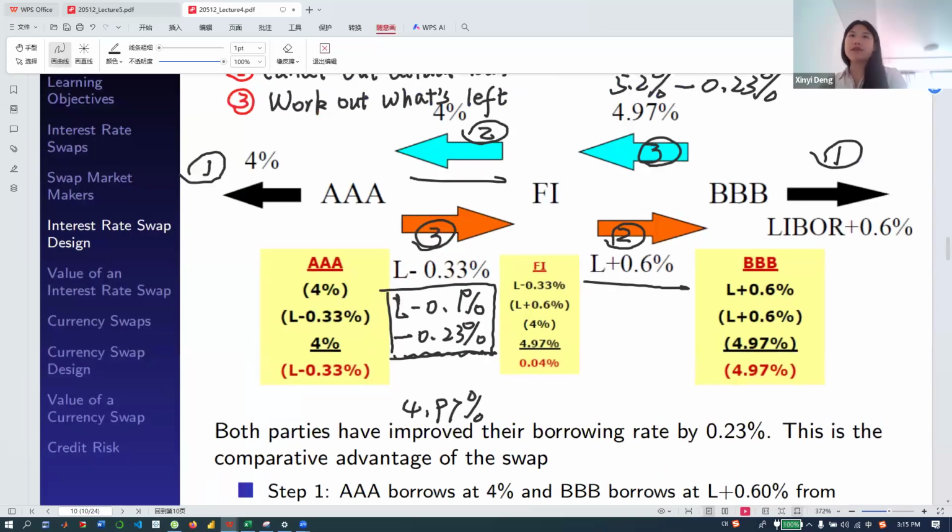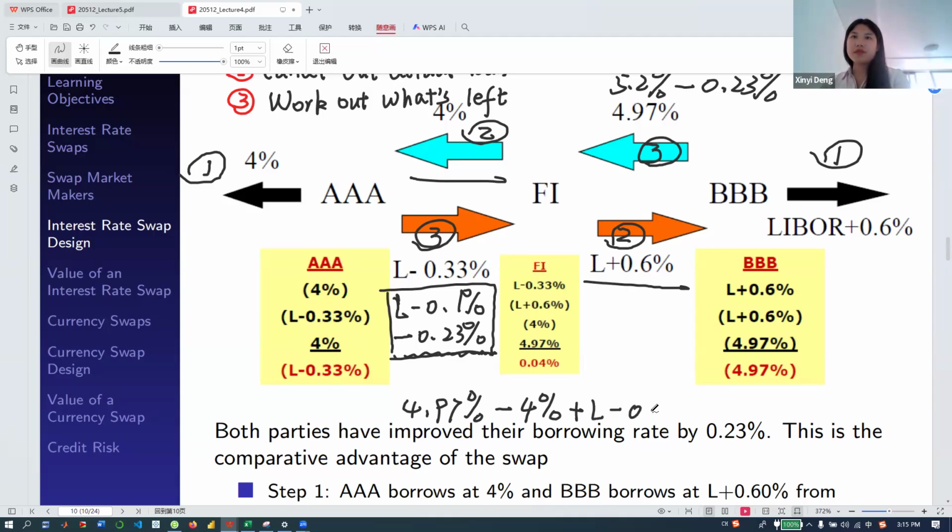Since it's paying out 4%, so minus 4%. And then the financial intermediary is also receiving this LIBOR minus 0.33%.